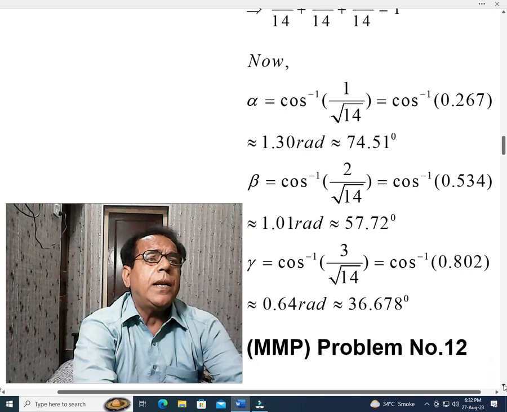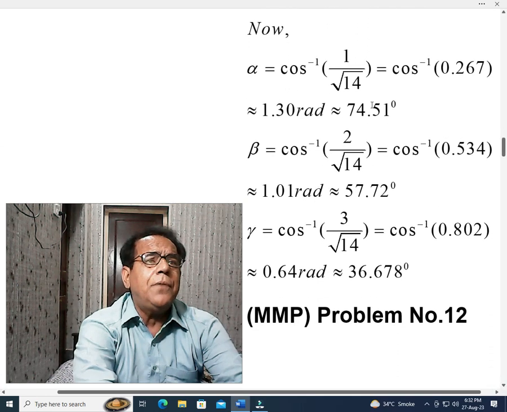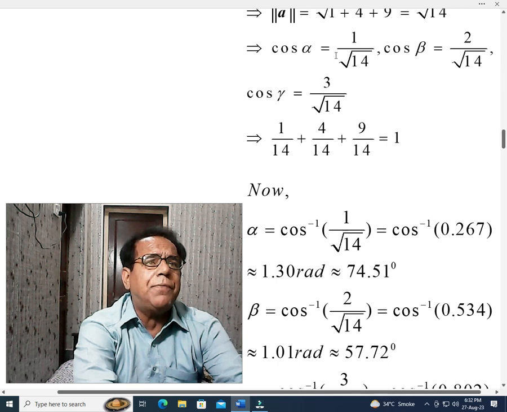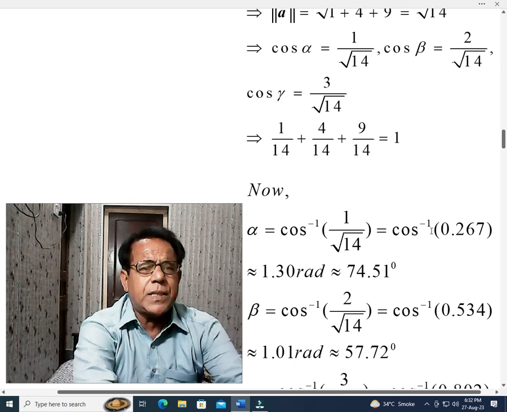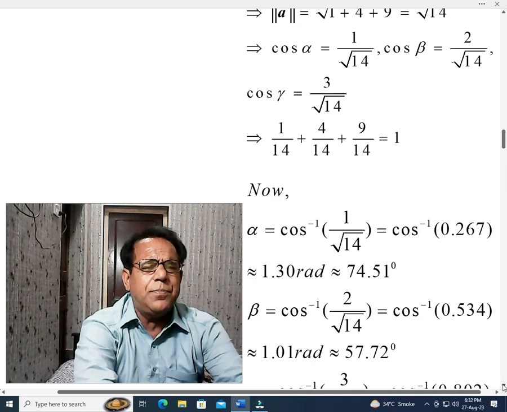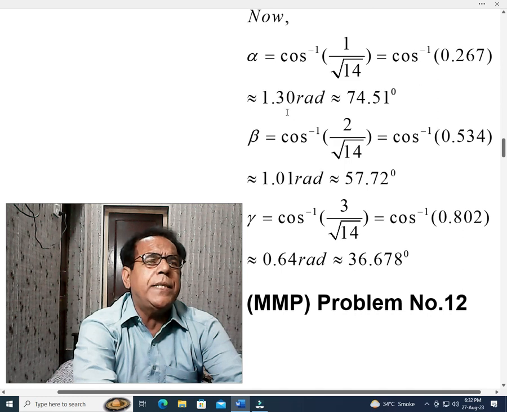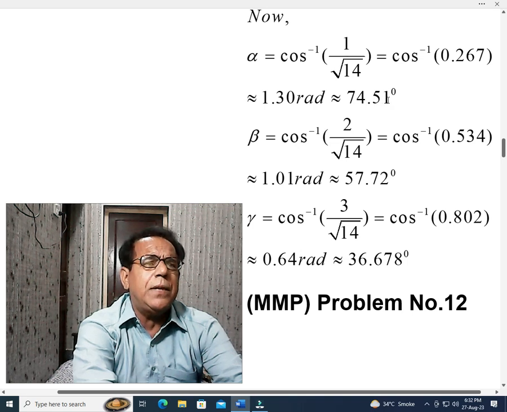Now when cos alpha is equal to 1 over root 14, then alpha will be equal to cos inverse of 1 over root 14, and from an online converter its value becomes 1.30 radian, or in degrees 74.51 degrees.